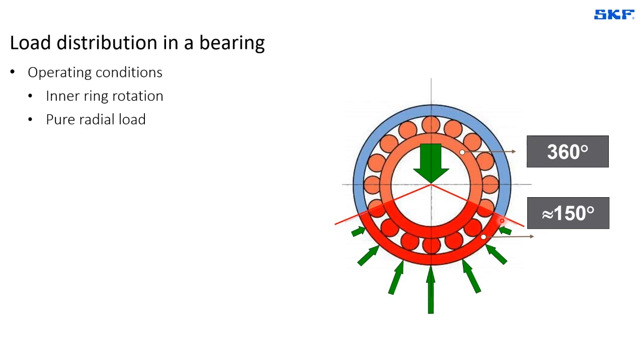So there will be a smaller, wider contact area towards the maximum load, tapering off towards the entry of the load zone or towards the end of the load zone. That will be a characteristic feature of the load pattern on a bearing under these conditions.